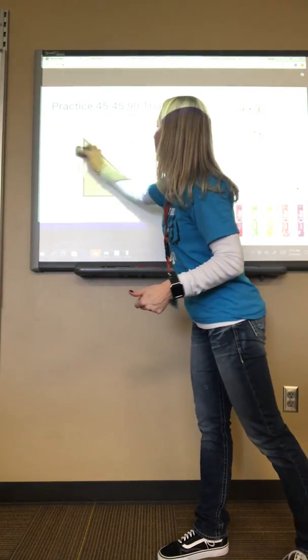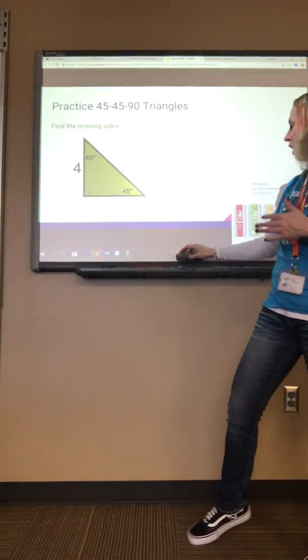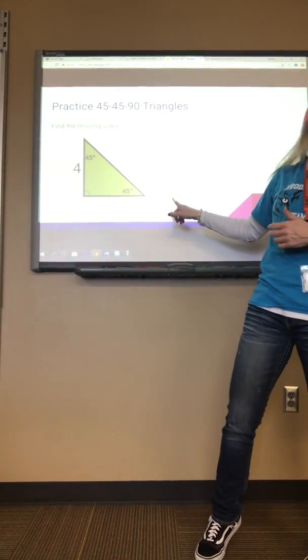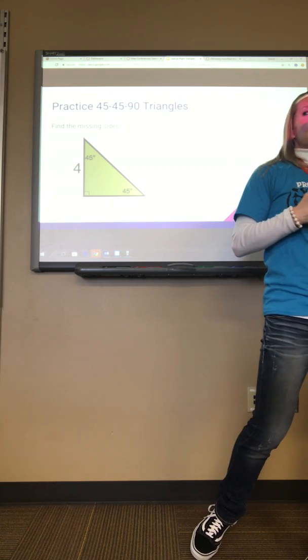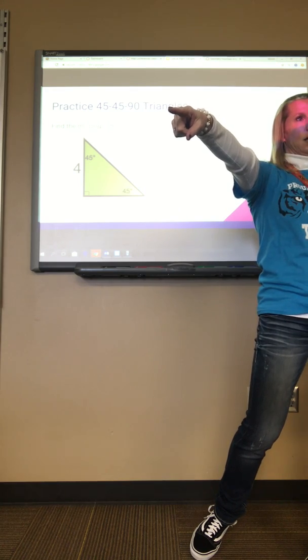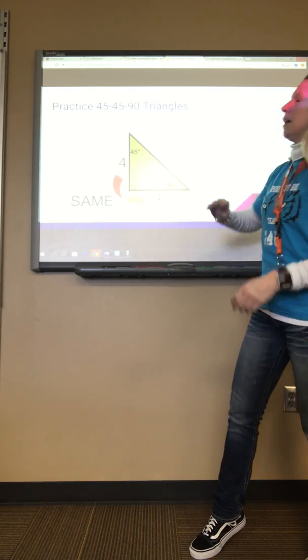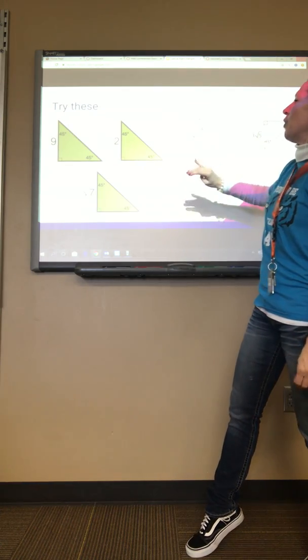So, if I have a triangle with side length of 4, the other side is 4, hypotenuse is 4 radical 2. Okay, Reese, Lane. Lane, you move right here. Reese, you move right here. Move. Come on. Can you give me a favor? Thank you. Move. Right now. Move. Okay, so, yes.